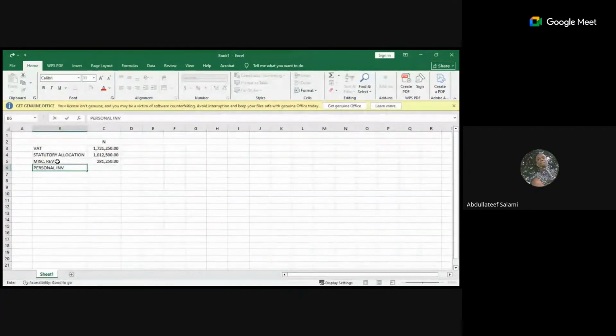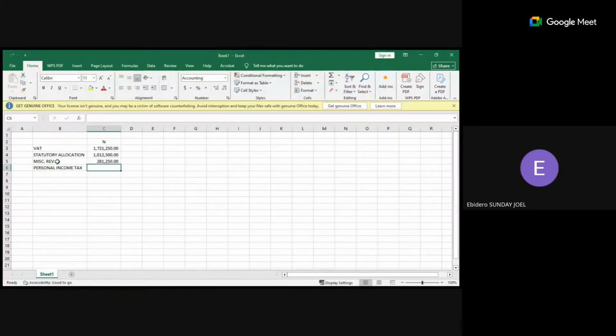Personal income tax, right? Yes. 787,500.